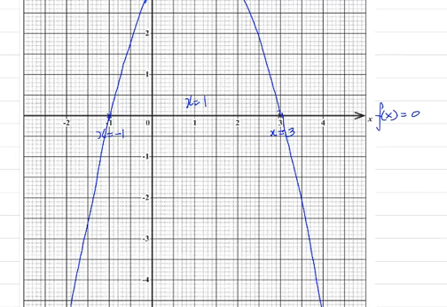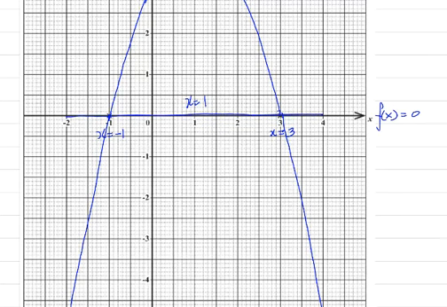They're the values of x for which f of x is equal to 0. All right, now your graph ranges from x is equal to -2 to x is equal to 4.